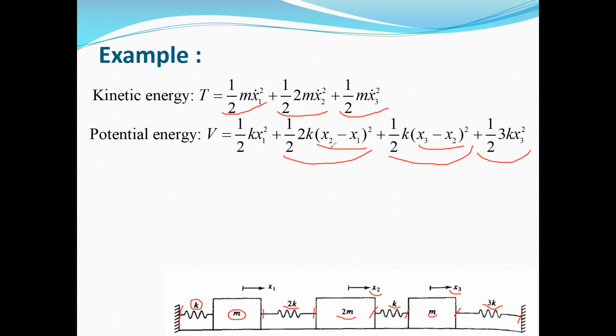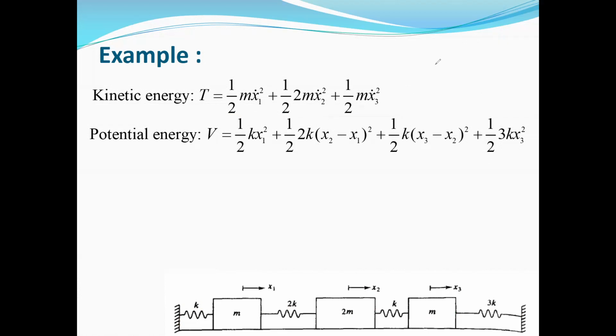But if you remember, in Newton's second law, when you wanted to extract the equation of motion, these signs were very important, and you must consider the correct direction for the force and correct sign for your displacement. But here, these signs will not affect your results because you want to calculate the derivative, and you will see that if you consider x2 minus x1 or x1 minus x2, the equation of motion will be the same, and the results will not change.